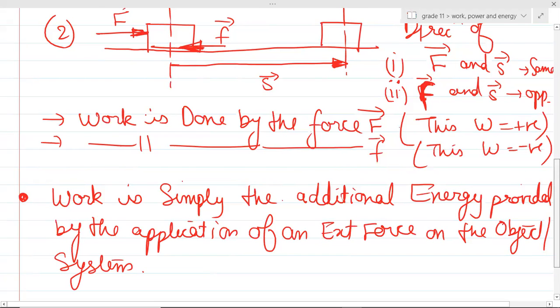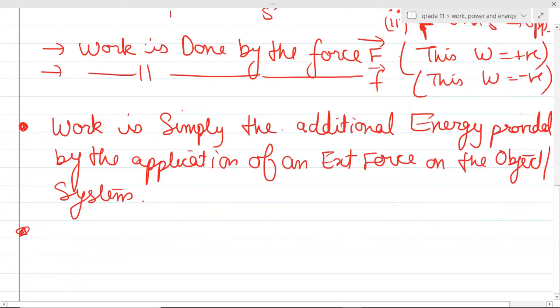Is this clear, guys? Work is said to be done by a force when that force produces certain displacement in its direction, right? Yes or no, guys?